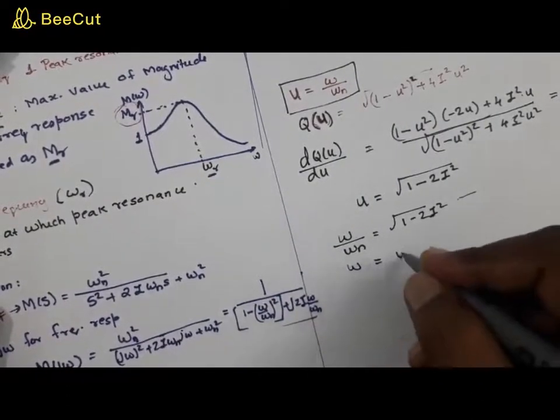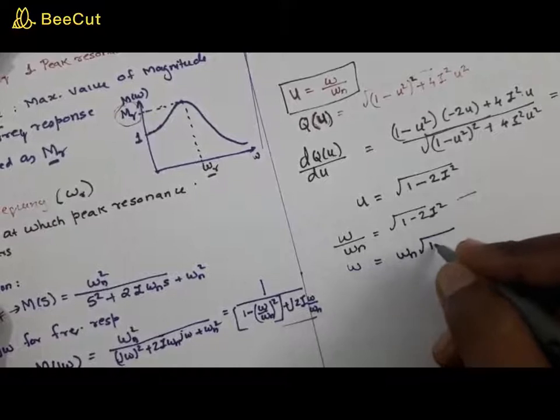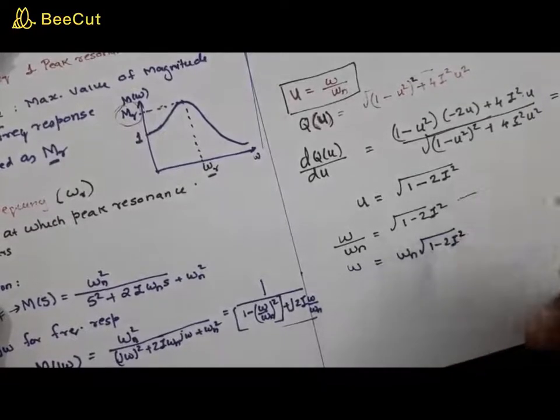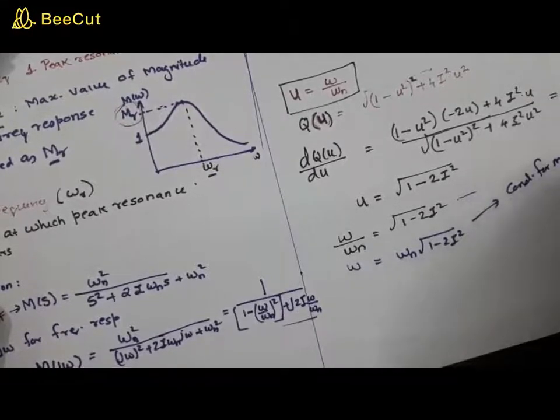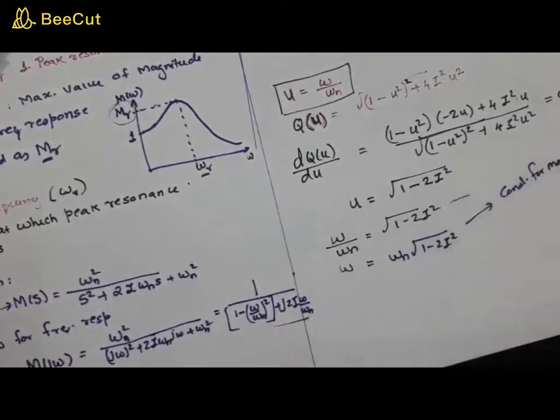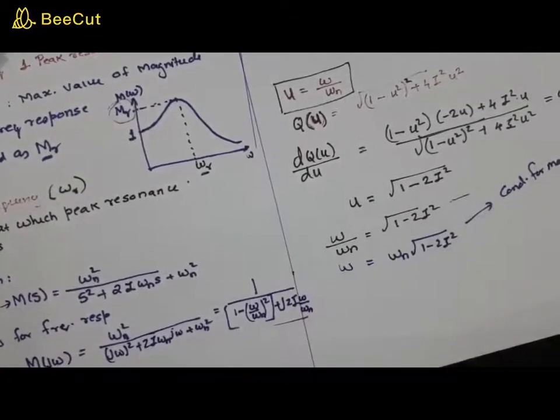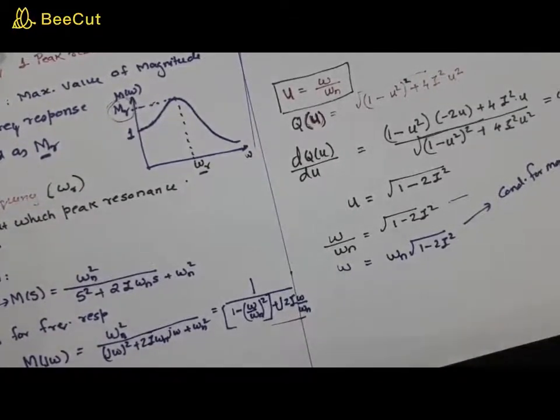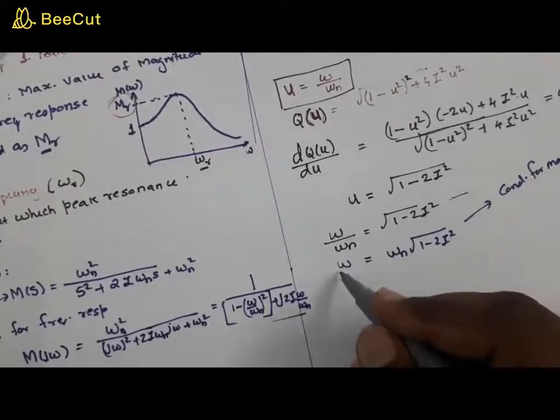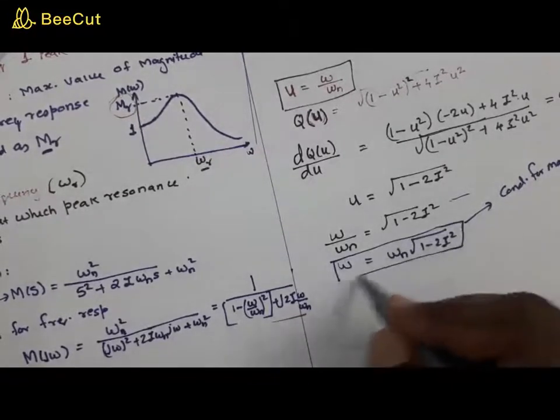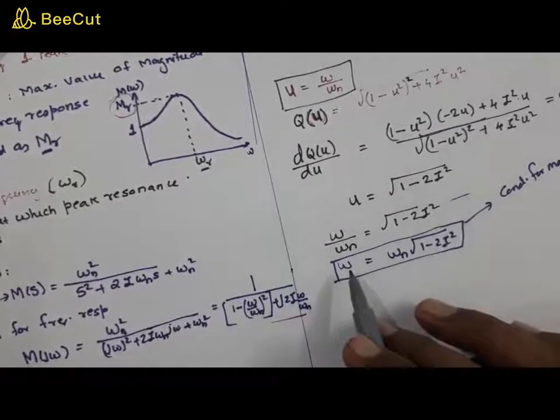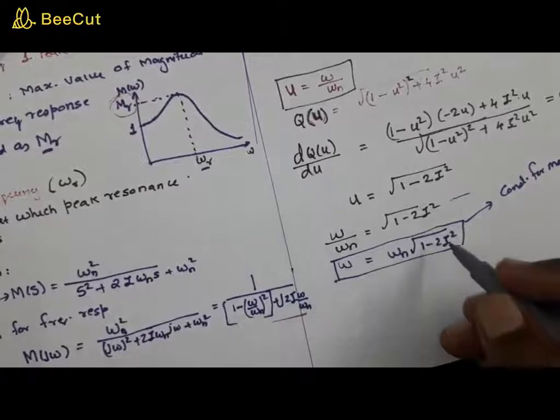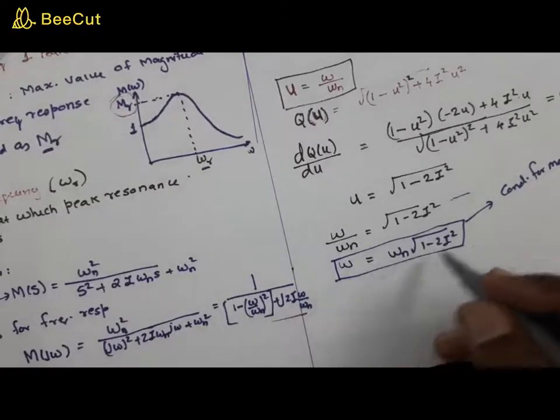So this omega is equal to omega n into root of 1 minus 2 zeta square, and this is the condition for maximum resonance. Now there is a problem for this. This is always a positive quantity because this is frequency.